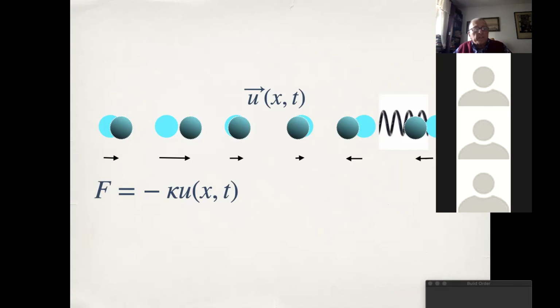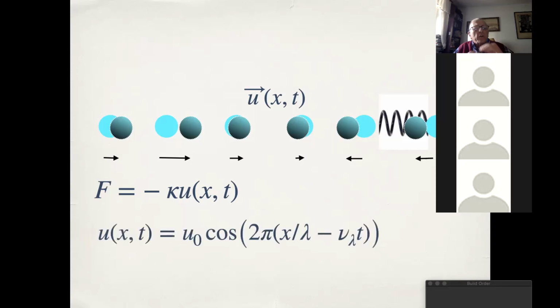So if the force is periodic in time and space, I can solve my Newton equations exactly, and the solution is that the displacement as a function of position and time is a simple trigonometric function, a simple cosine function with some coefficients.